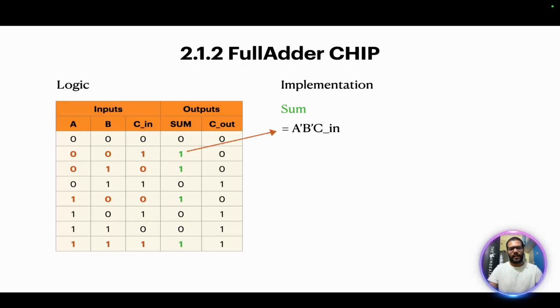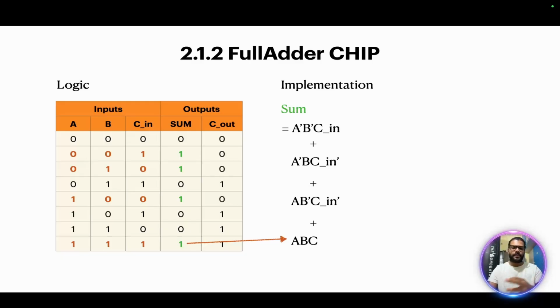Similarly, the next row becomes A dash, B, C in dash, and so on. And we're supposed to add all of these. You can pass A equal to 0, B equal to 0, and C in equal to 1, and the sum will come out to be 1. You can test this out.